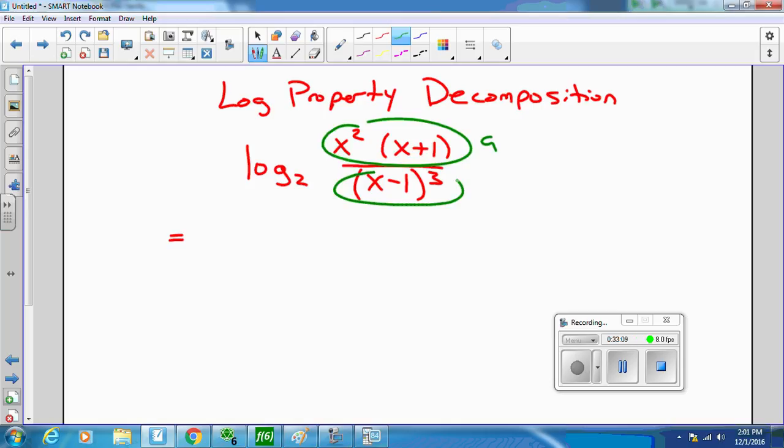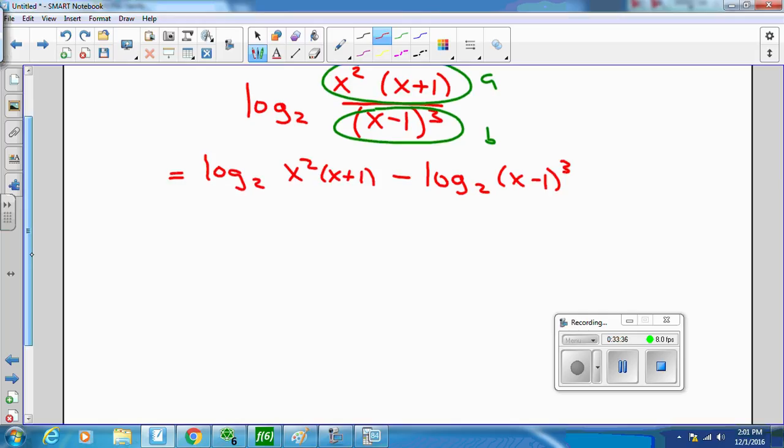To do that, I want to observe that this is the log of an a divided by a b, so that I can rewrite this whole thing as log base 2 of x squared times x plus 1 minus log base 2 of x minus 1 cubed. And here I'm just applying the quotient rule for logs.